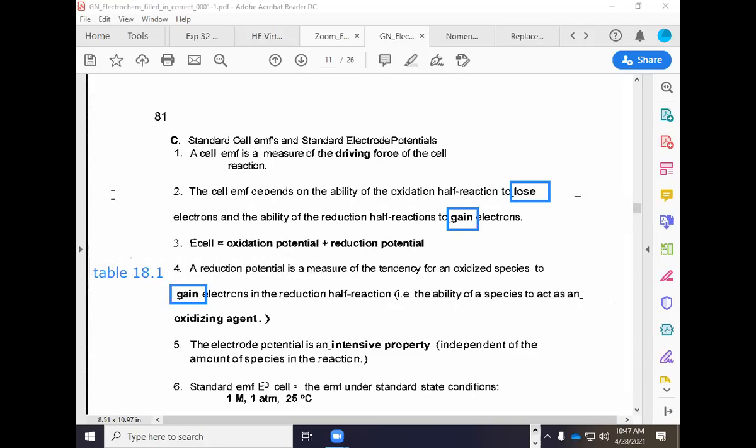There's a table in your book, table 18.1. It takes up the whole page, and it's the standard reduction potentials. And then the electropotential is an intensive property.